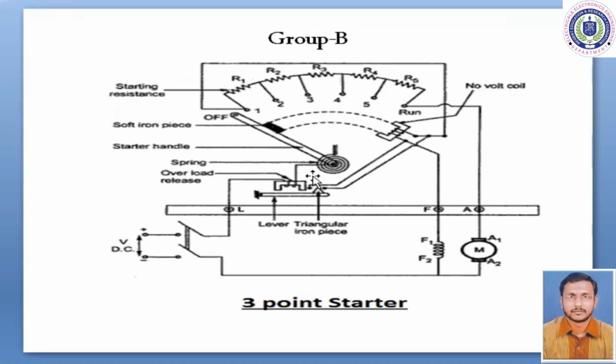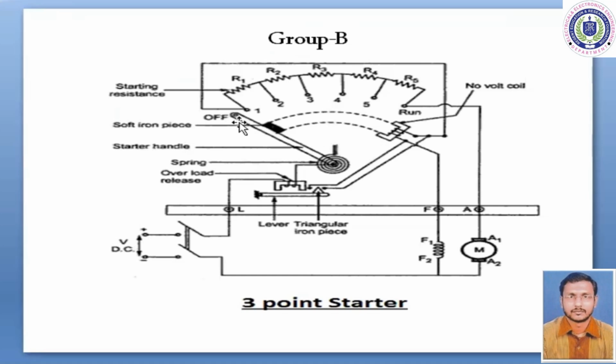Through the overload coil. And when this arm comes to position number 1, the total current is divided into 2. One current goes to the field through the no voltage coil and another one goes to the rheostat that is connected over here, that is R1, R2, R3, R4, R5 respectively.